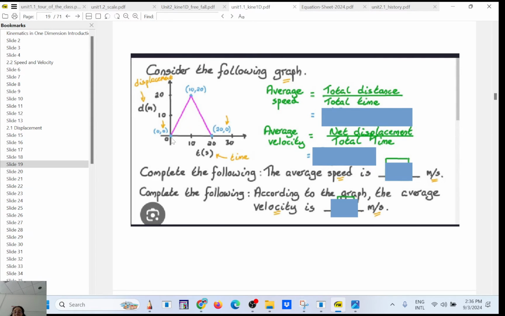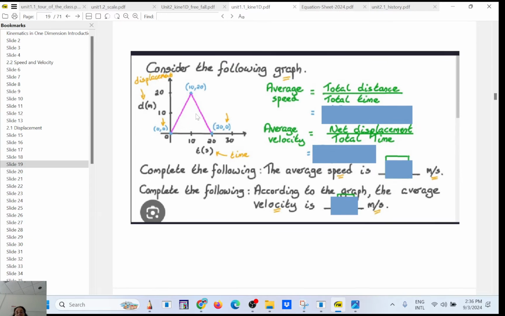It means it goes from 0, moves toward the positive, goes to position 20, and then it's going back to 0. Do you see how it works? It's like you're moving on the number line. You go from position 0 to 20, you change your mind, and you go back to position 0, except here you have the time.